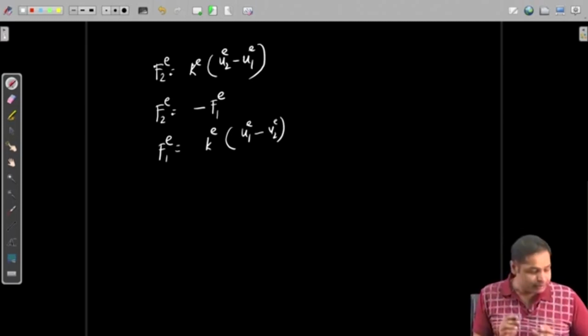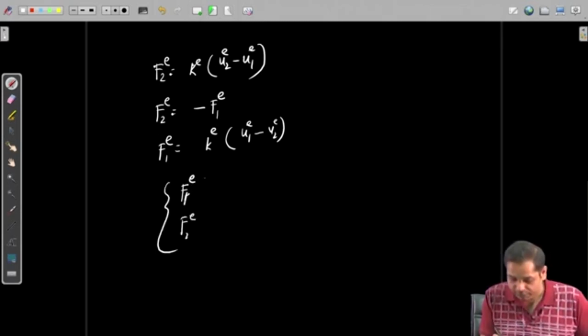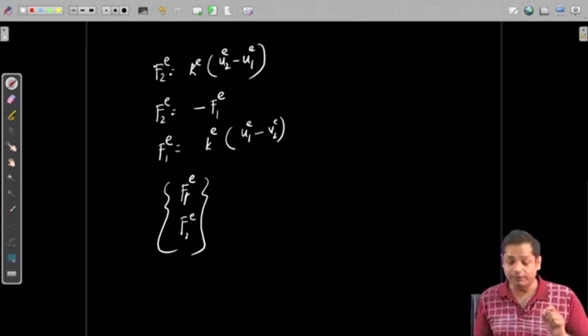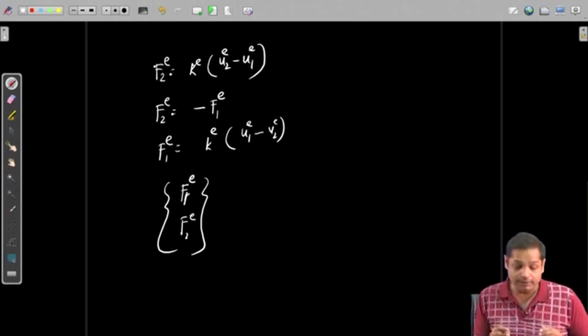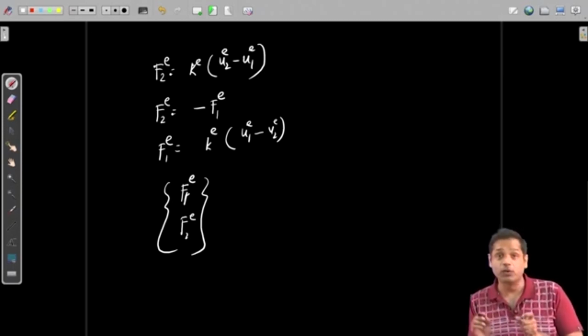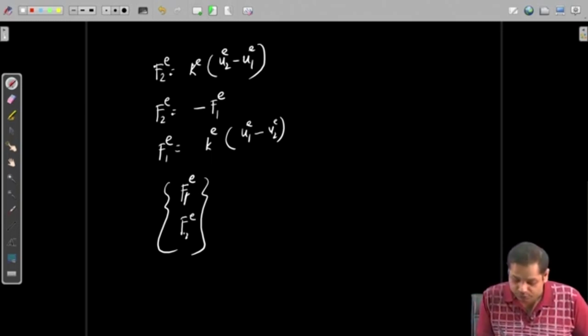Now, if we define a vector F1E and F2E, which is the nodal force vector, F1 and F2 are the nodal forces at the nodes. F1E is at node number 1, F2E is at node number 2.